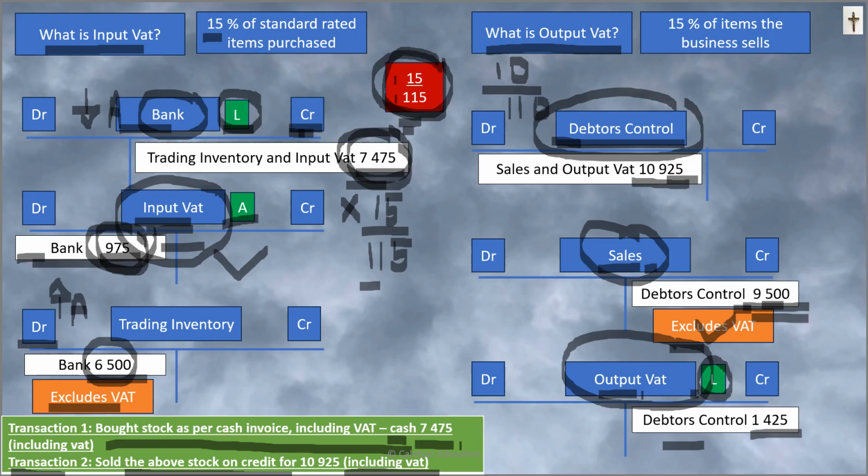Then we're going to do a VAT return also in one of my videos, and I will show you how to calculate what will be paid to the revenue services every couple of months, depending on what you've arranged with the revenue services.